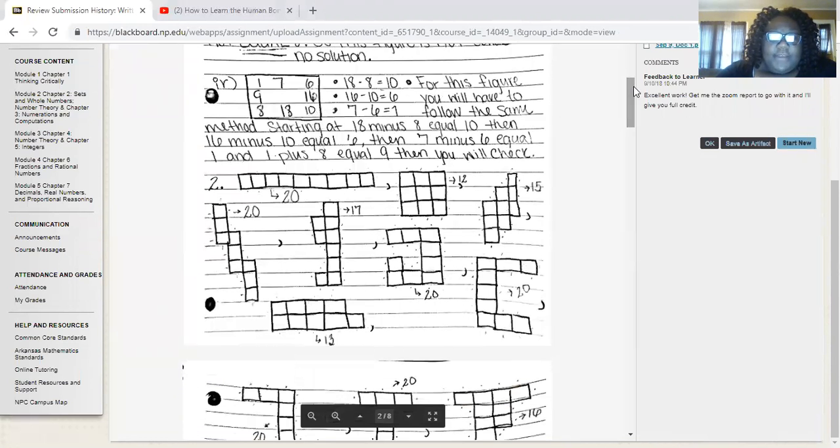Next, we have the same thing. So this figure, you will have to follow the same method, starting at 18 minus 8, which equals 10, 16 minus 10 equals 6, and then 7 minus 6 equals 1. 1 plus 8 equals 9, then you can start doing your check.